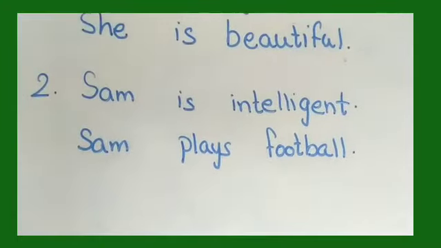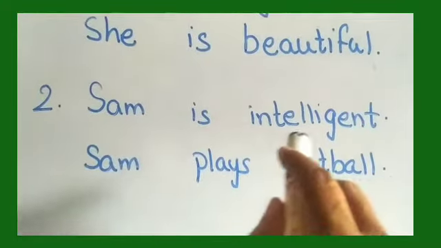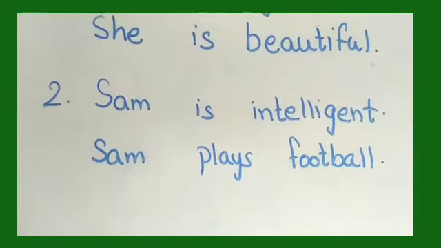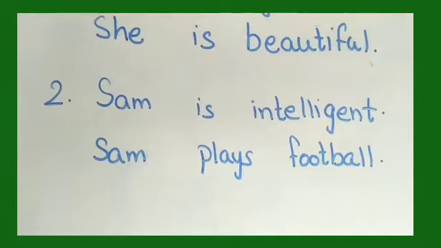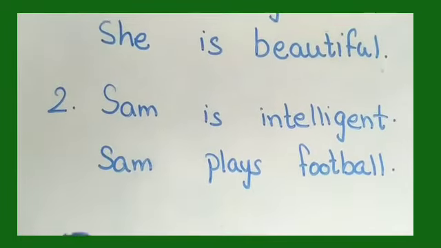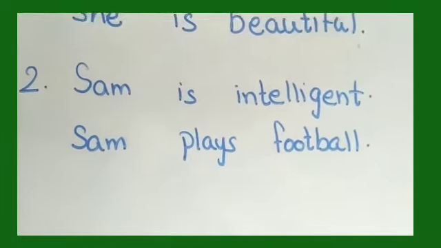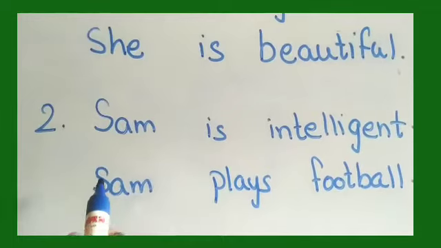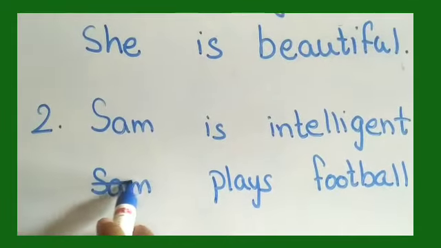Let us take another example. Now look at this second sentence. Sam is intelligent. Sam plays football. Again you see the naming word Sam is written twice. So what can we do? Sam is the name of a person, a boy. So we can cut this, isn't it?